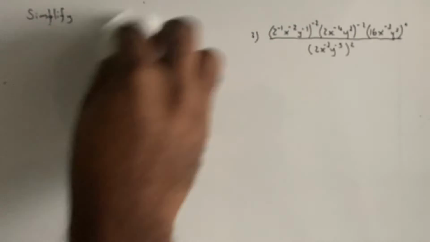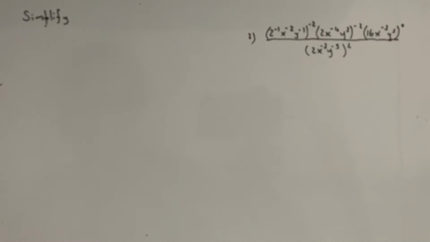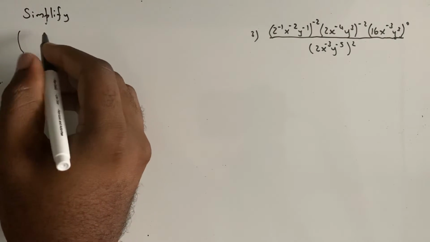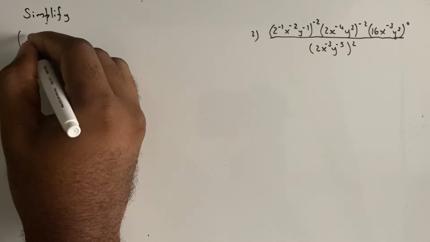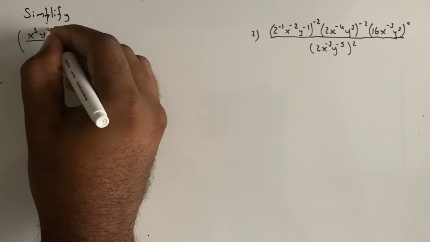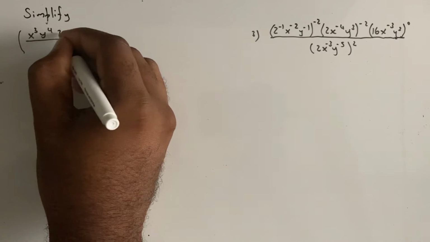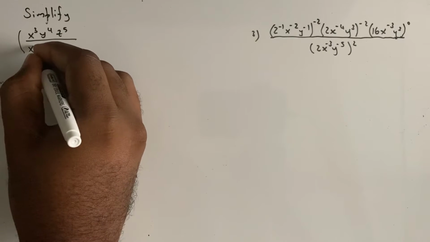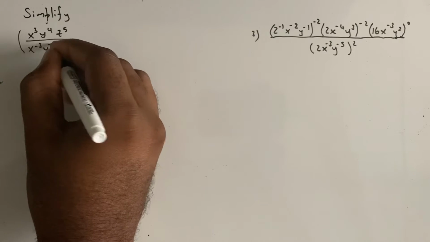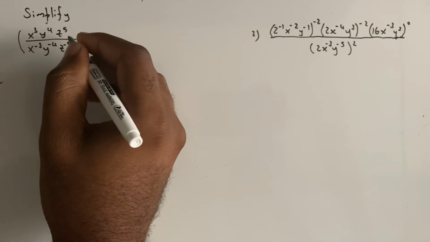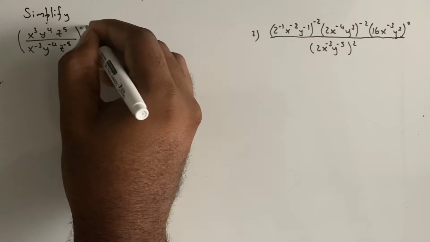For number 2, what I put was x cubed y to the fourth and z to the fifth, over x to the negative 3, y to the negative 4, z to the negative 5. That's what we got, and negative 2 right here.